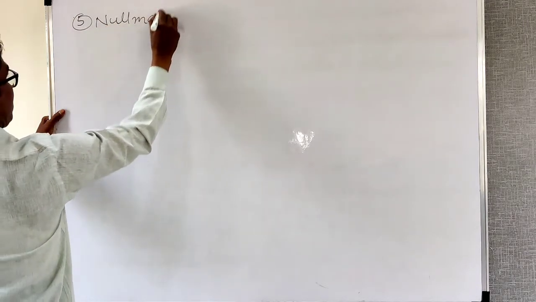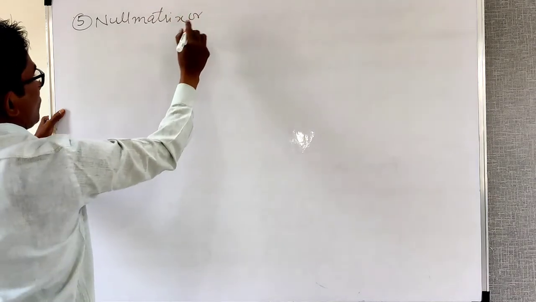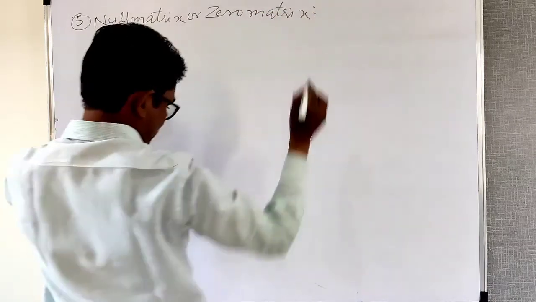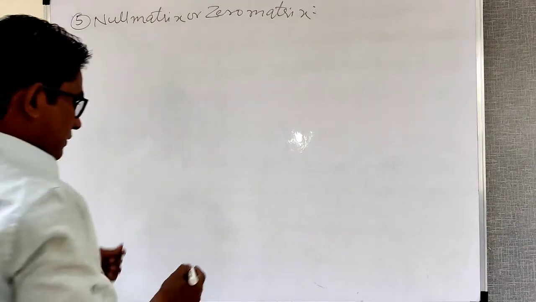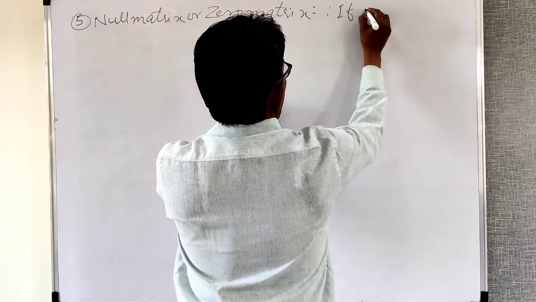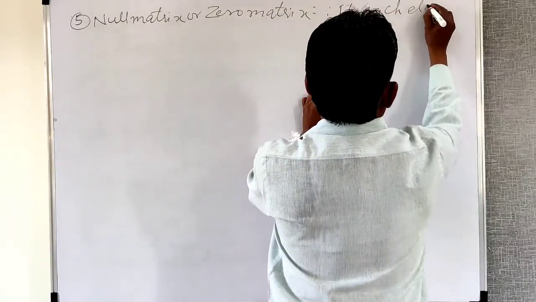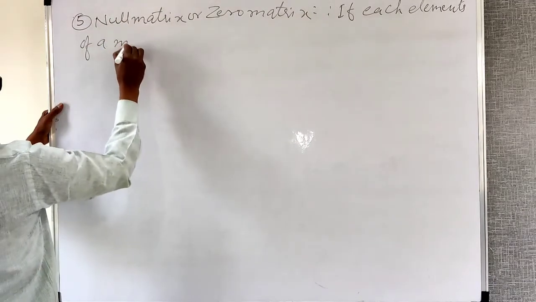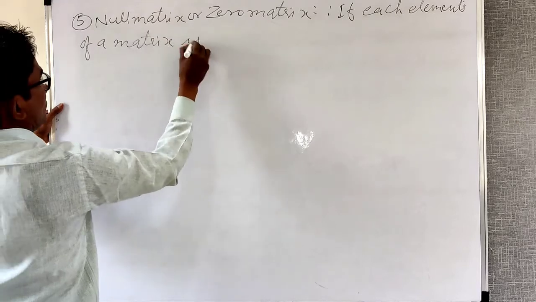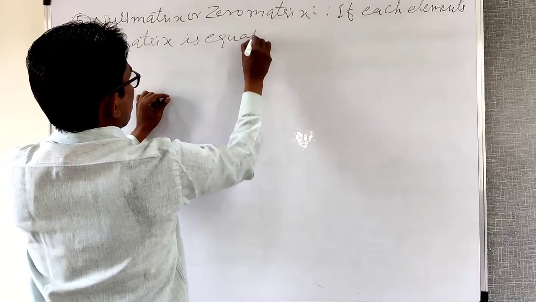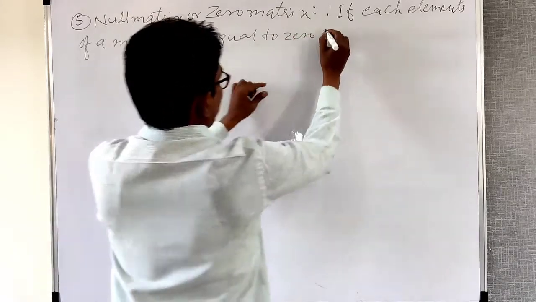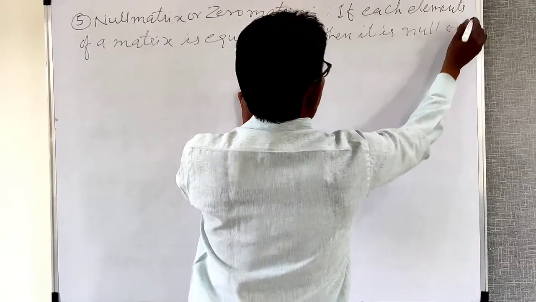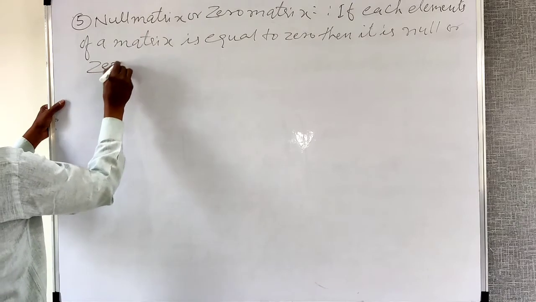Null matrix or zero matrix. If each element of a matrix is equal to 0, then it is a null or zero matrix.